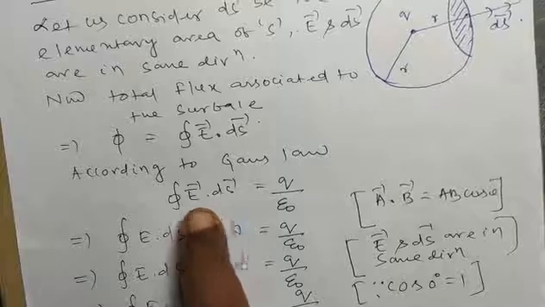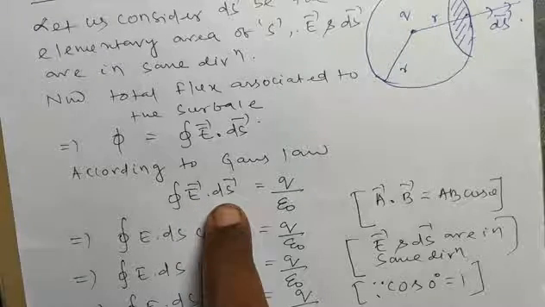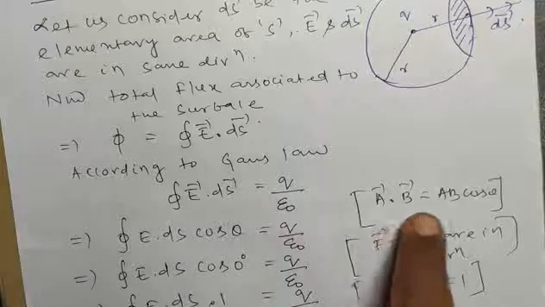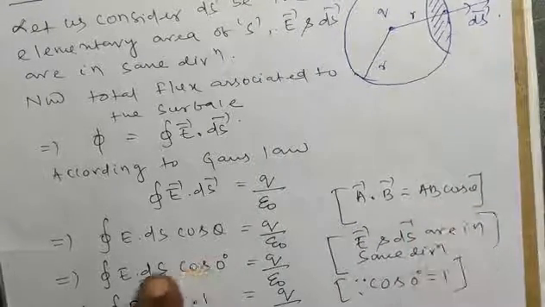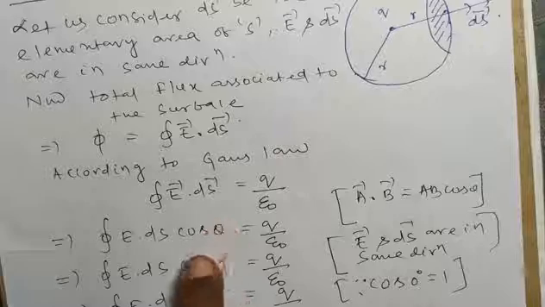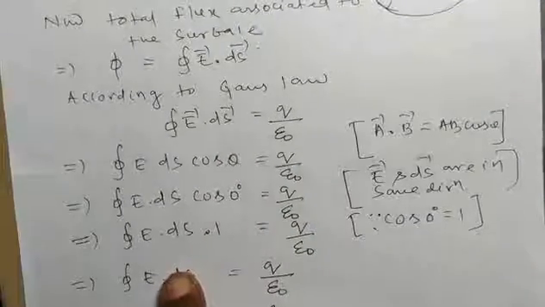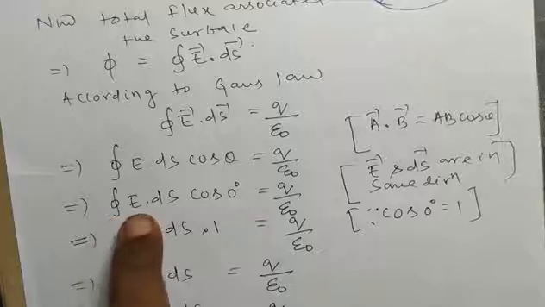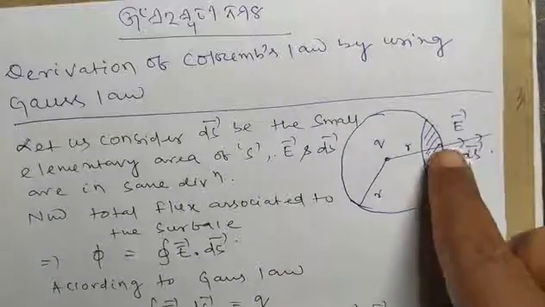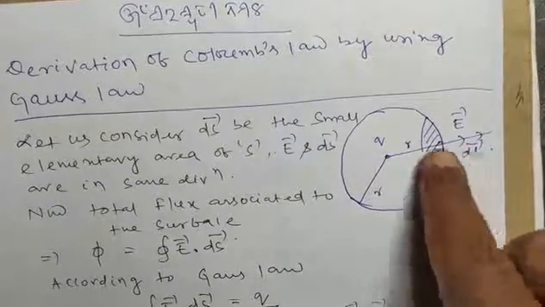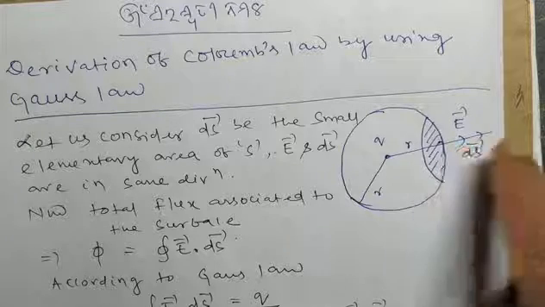Now a vector dot b vector equals ab cos theta. So E vector dot ds vector into cos theta equals q by epsilon 0. Now here we see E vector and ds vector both are in the same direction.